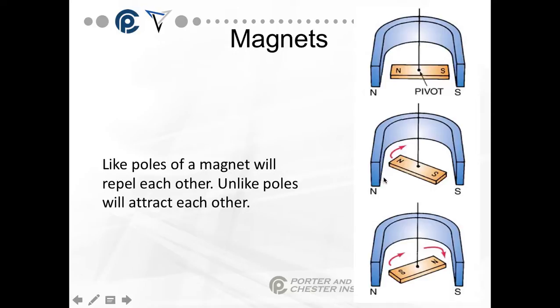So if north and north is lined up, it's going to drive itself very quickly to north and south being lined up. But then all of a sudden the magnetic pole changes, so that what is now north is now south. So this is going to constantly be spinning to try to get itself so that north and south are together, but not north and north.